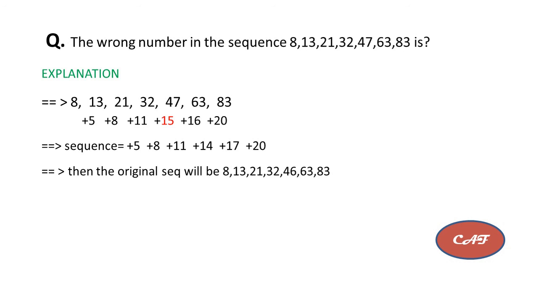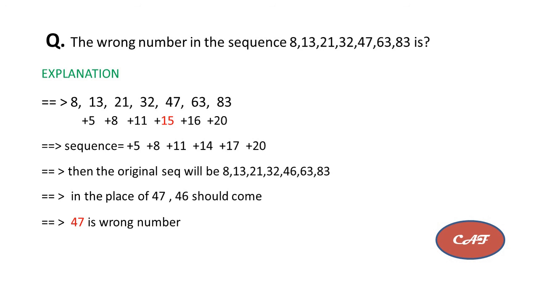If you compare the original sequence I wrote here with whatever they gave in the question, you will get the odd number as 47. So in the place of 47, 46 should come. So if they give options, you have to select 47. Okay, 47 is the wrong number.